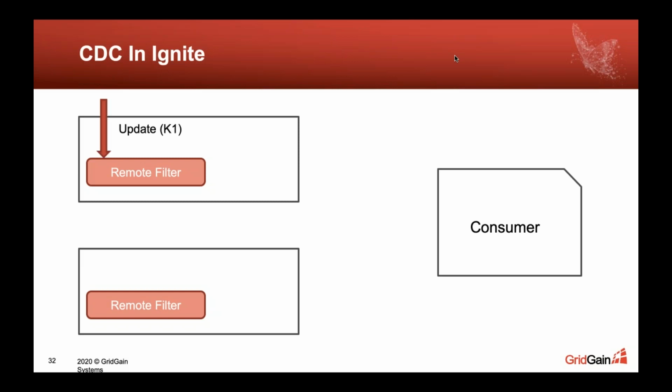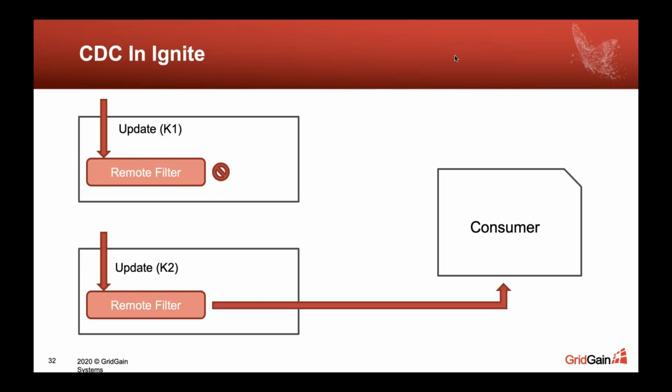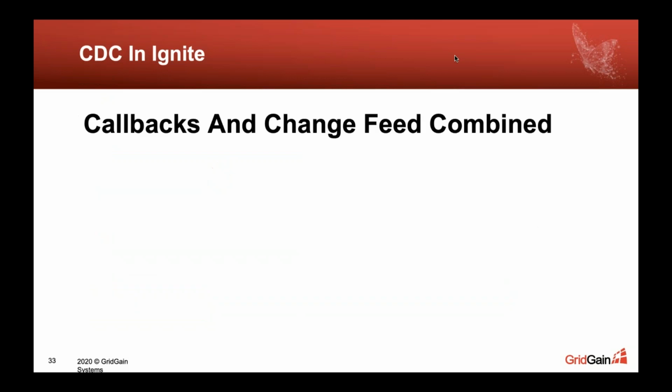Let's say we have an update on the first node for key 1, and the remote filter gets evaluated and returns false. This means that this update is not interesting to the client, and the update will not be sent to the consumer. Now, if another update for key 2 happens on the second node, the remote filter accepts this update, and the update gets sent to the consumer.